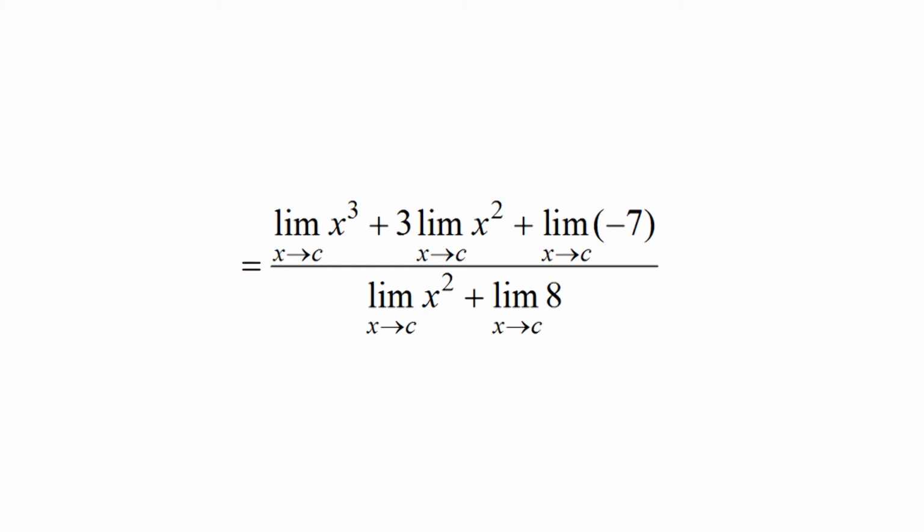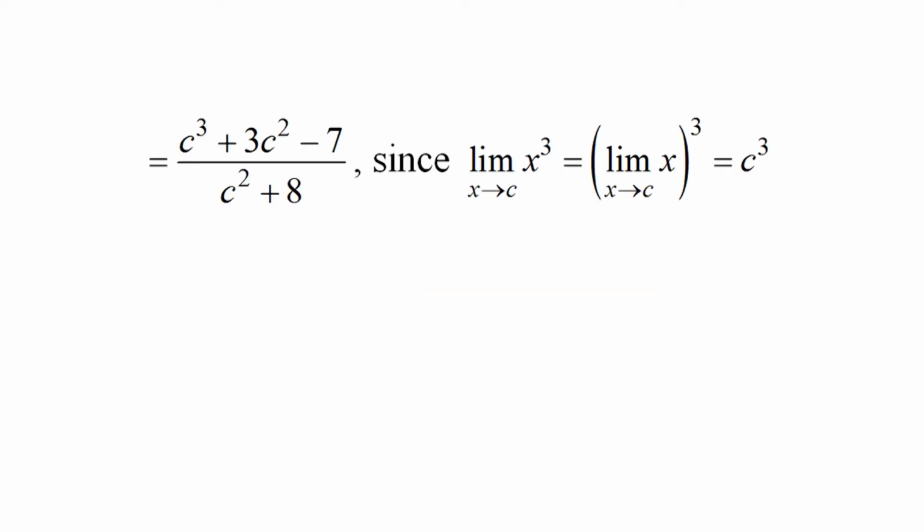equal to limit of x cube as x approaches c plus 3 times limit of x square as x approaches c plus limit of negative 7 as x approaches c upon limit of x square as x approaches c plus limit of 8 as x approaches c using constant multiple rule, which is equal to c cube plus 3c square minus 7 upon c square plus 8.